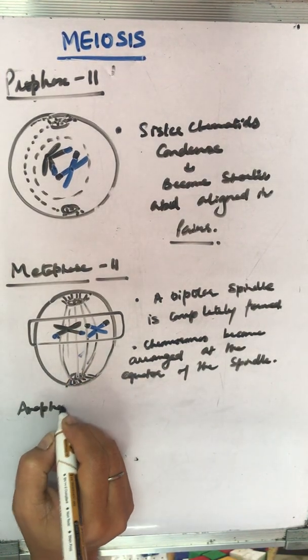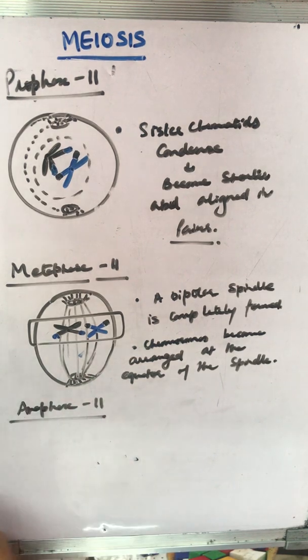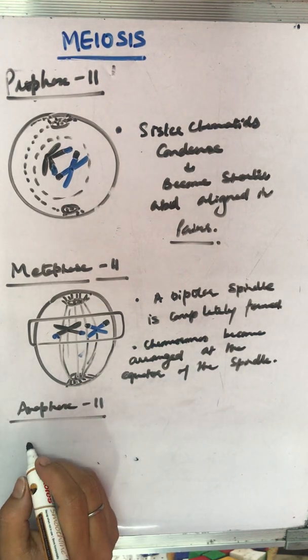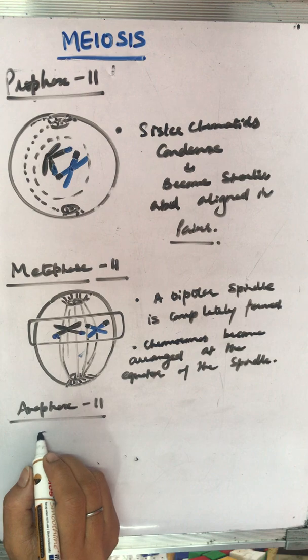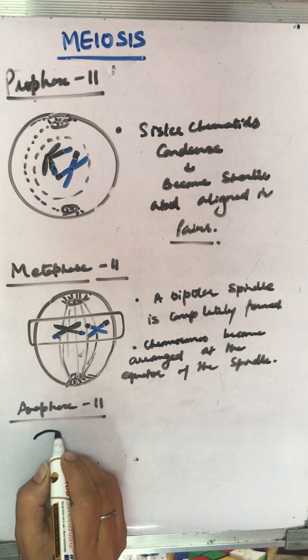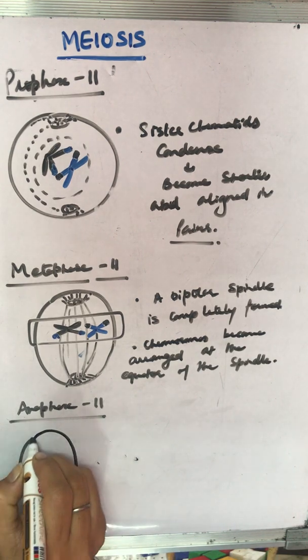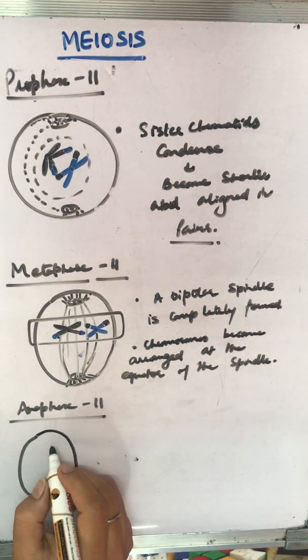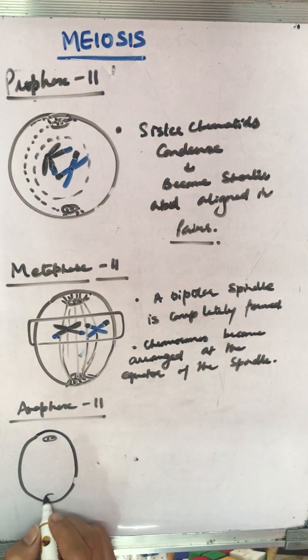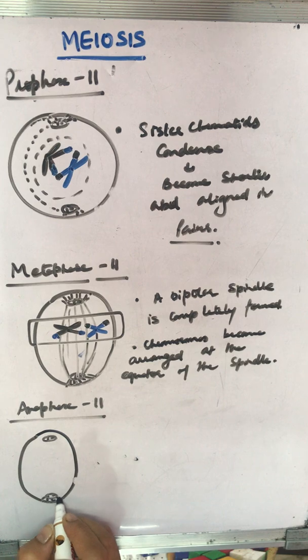Then moving to Anaphase 2, the third stage. Same way, Anaphase 2 will show the receding of the chromosomes towards the opposite poles.